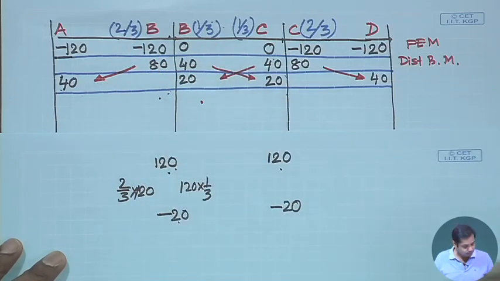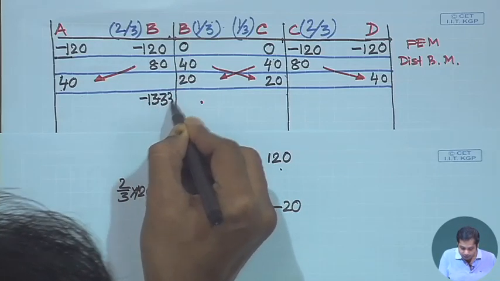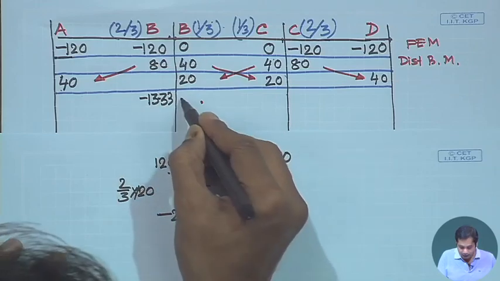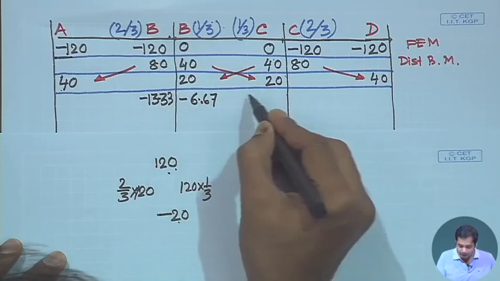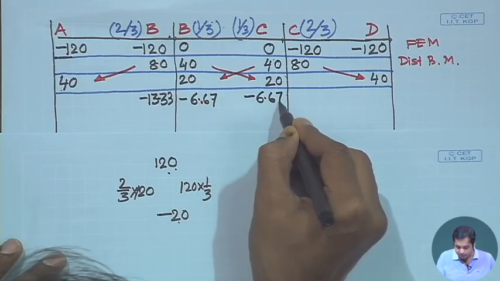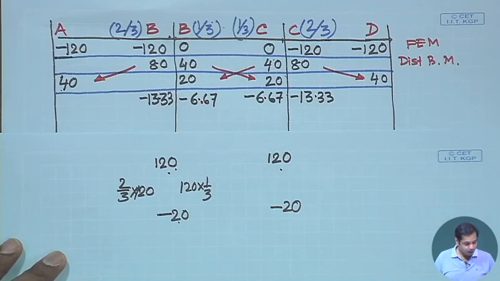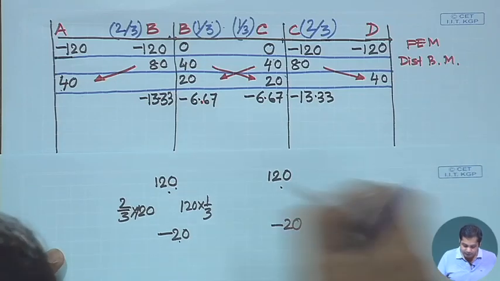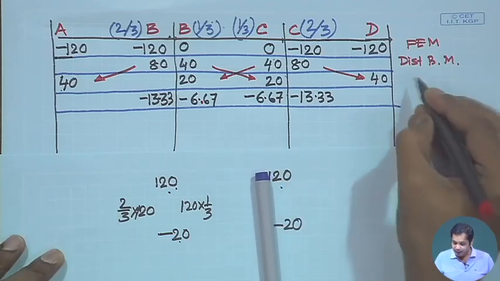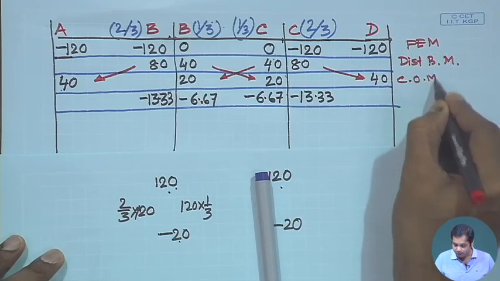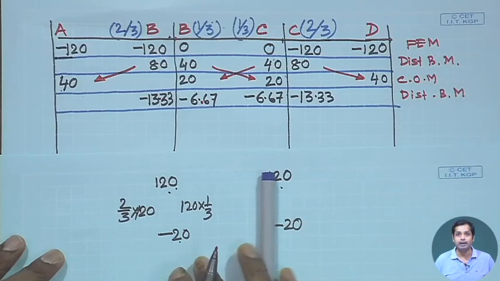So, those values are minus 13.33 for BA, and minus 6.67 at B, and similarly minus 6.67 and minus 13.33. This is the distributed balancing moment.